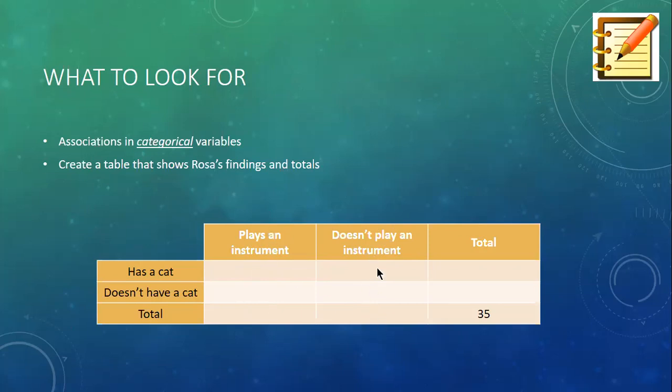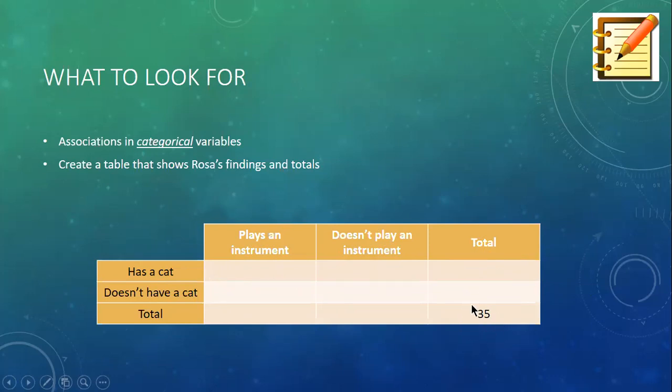So you're essentially adding that vertically. Having a cat and not having a cat, those totals would go horizontally right over here and right over here. Whatever these two totals are for these responses, it should always add up to equal the total number of observations that you have.